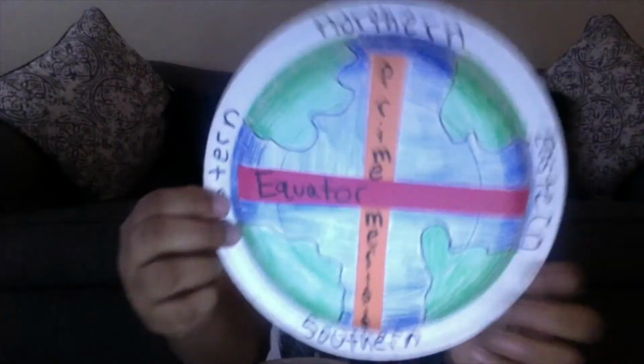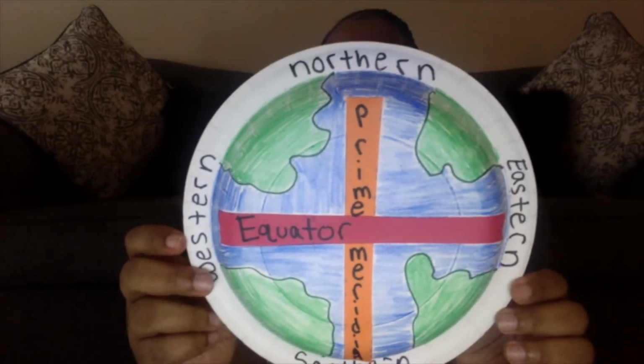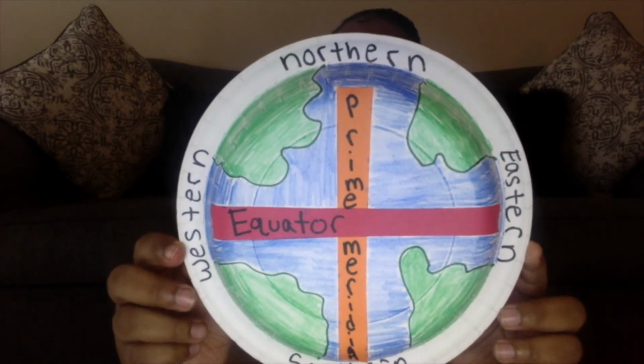Over here to the west, it's called our western hemisphere. Write the word western. And then over here is our eastern hemisphere. So write the word eastern. After you label your four hemispheres, your equator, and the prime meridian, your craft should look like this.